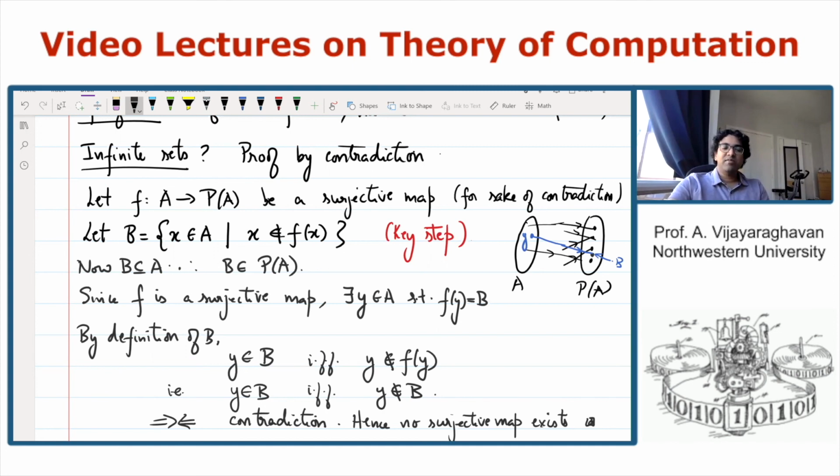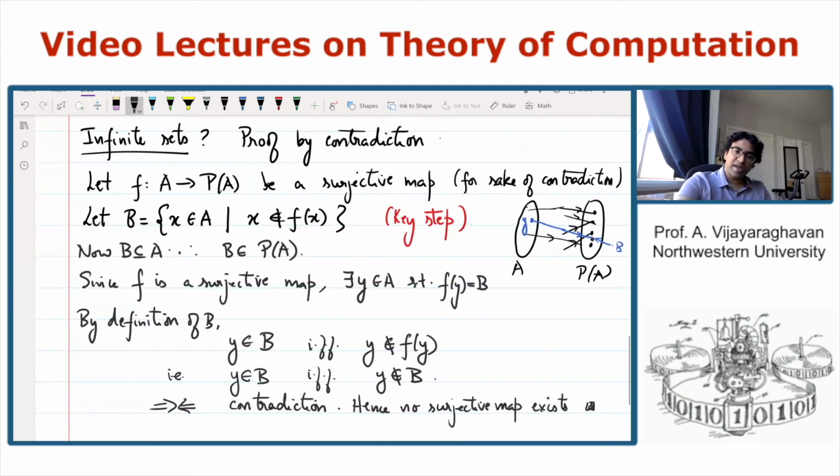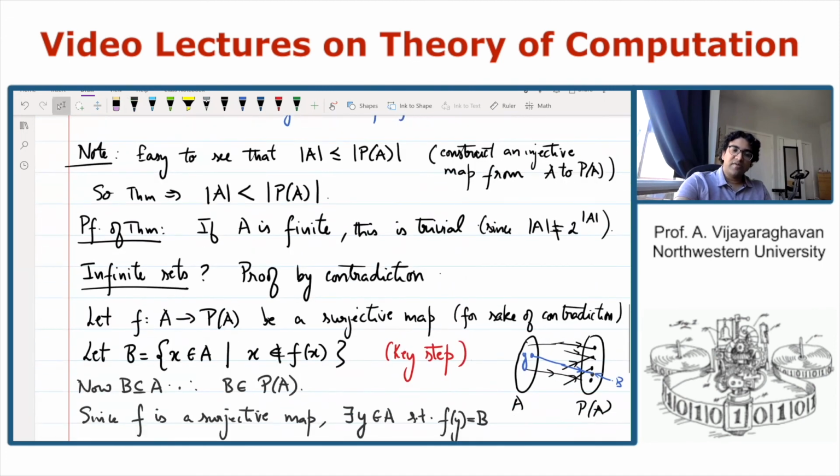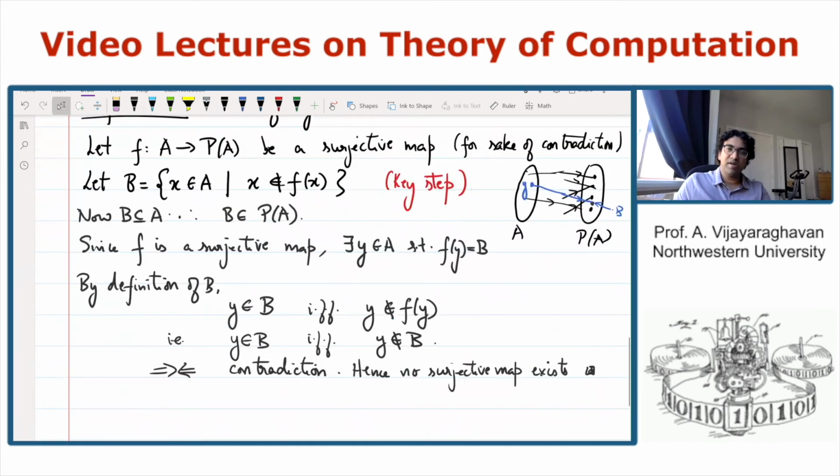If you go by the definition of B, you reach a contradiction. So this shows that the cardinality of A is not equal to, and in particular is less than, the cardinality of the power set of A. And we proved this by using diagonalization.